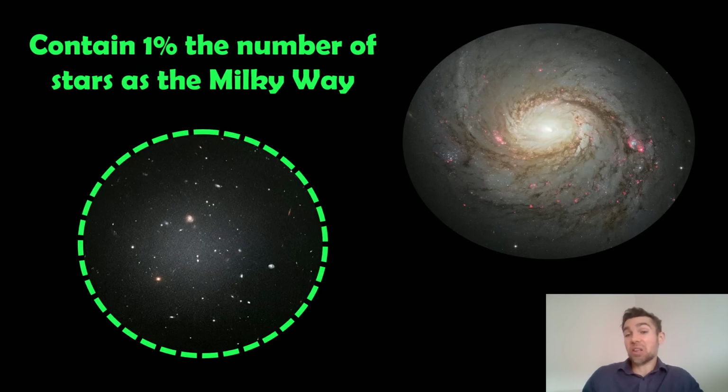So it could be a few percent, 1%, the total stellar mass of the Milky Way. So very few stars. It's also probably worth noting that these ultra-diffuse galaxies still have quite a lot of dark matter there. So they could have quite a lot of total mass, just not stellar mass or stars.